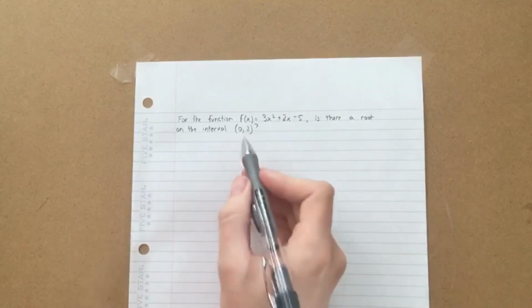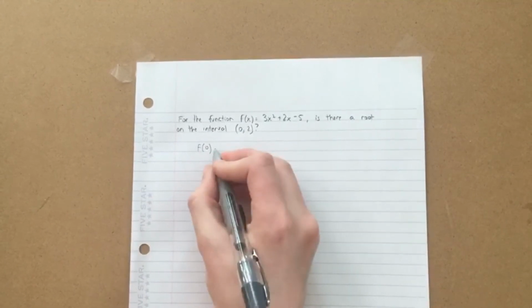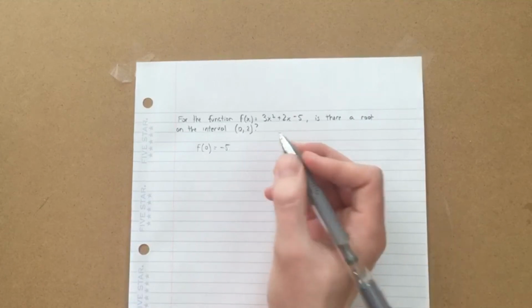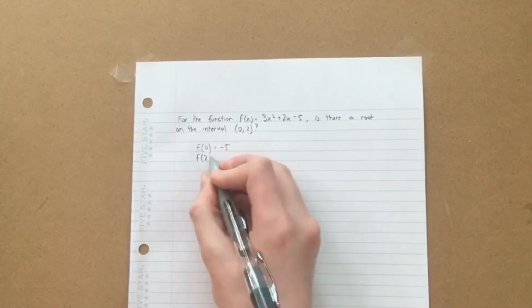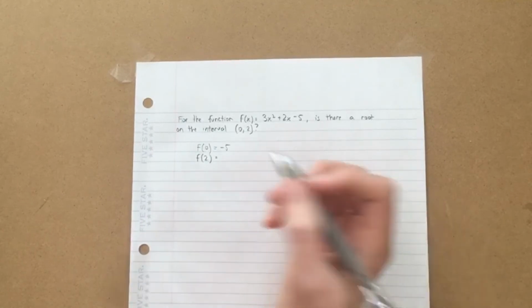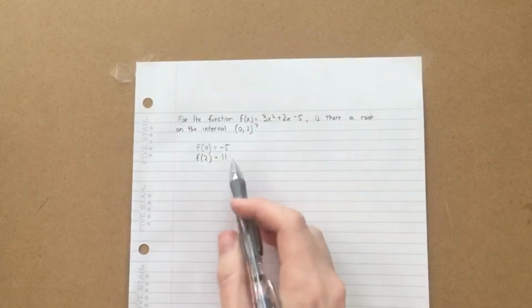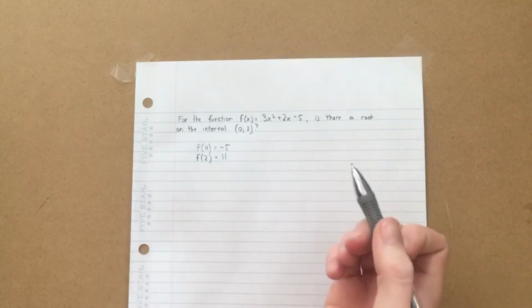So let's take a look at the first point here, 0. So at the start of our interval, the y value is negative 5, because f of 0 is negative 5. Now at the end of our interval, f of 2 equals 11. So our function is increasing from negative 5 all the way up to 11 on that interval 0 to 2.